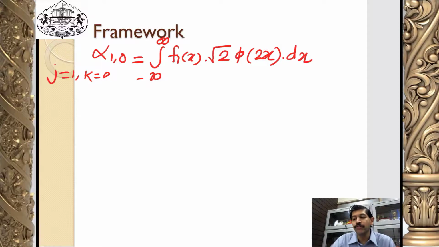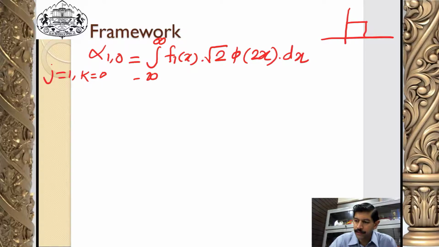Now we already know how phi typically looks. So phi looks like this. It exists from 0 to 1. This is my phi of x, and it has a value of 1. So x runs from 0 to 1.